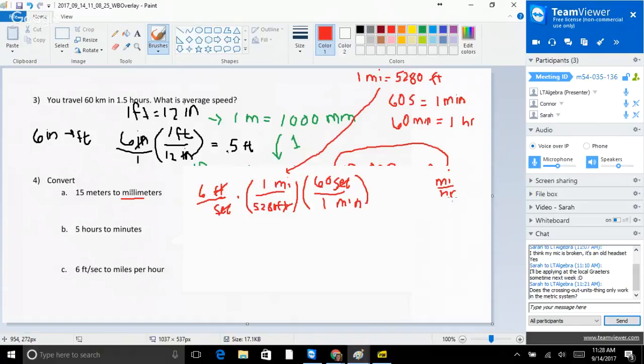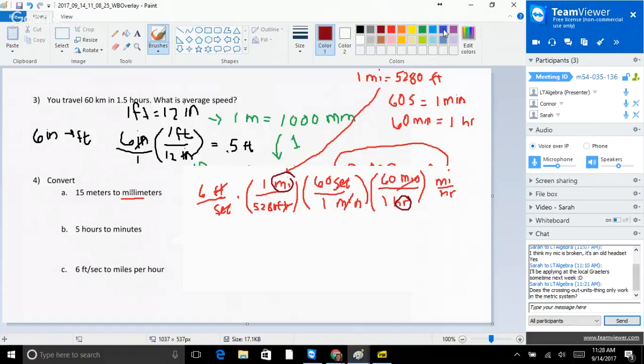I'm trying to get hours down here, but I've got minutes. So I know that in 60 minutes, there is 1 hour. So if I cross off minutes to minutes, I'm left over with, exciting stuff, miles per hour when I just look at the units.